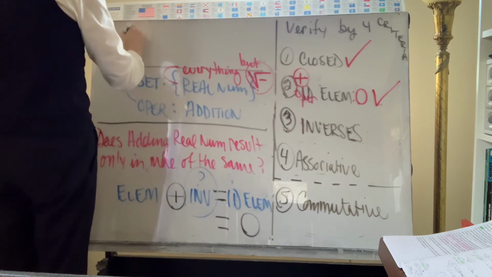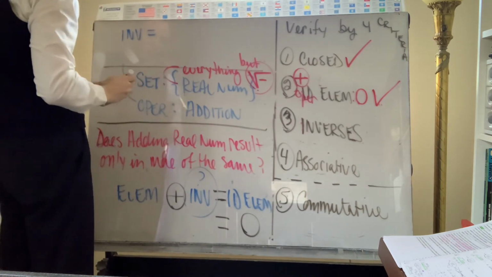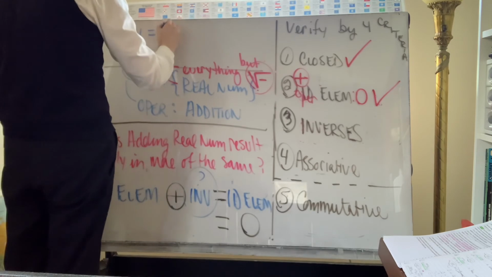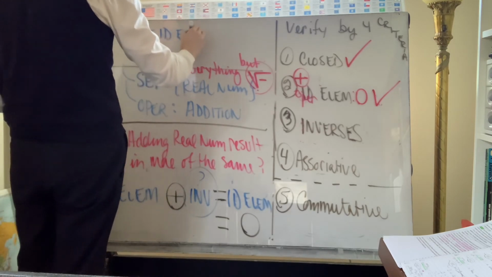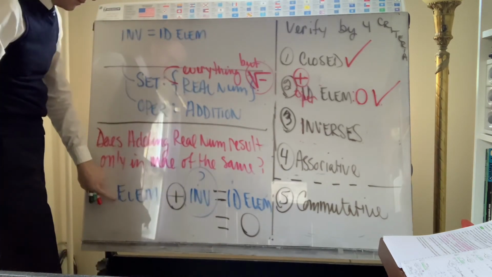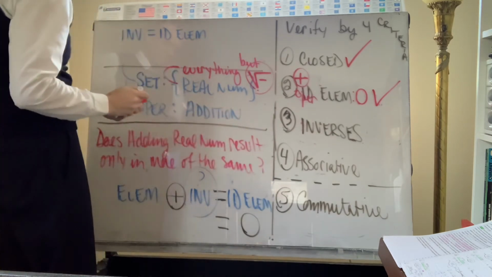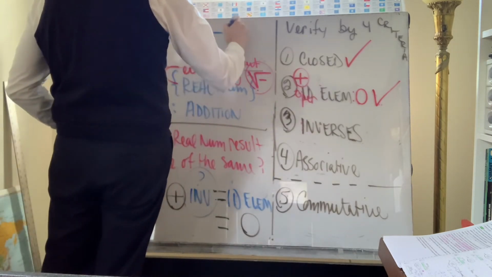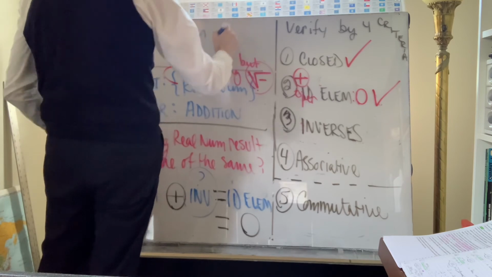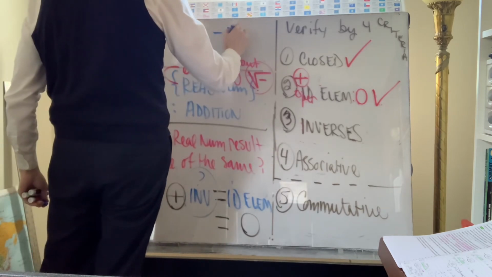The inverse would be equal to the identity element minus, because we're putting this on the opposite side, because we're talking about addition here, an element.